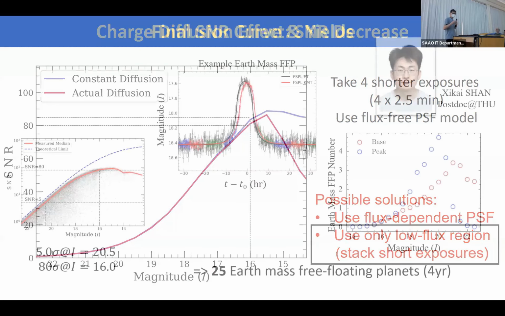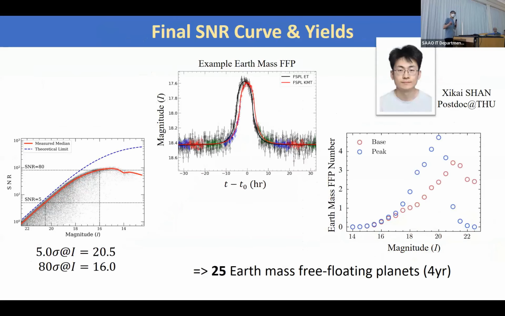So this is basically where we end up now. We have 5 sigma at 25.5 magnitude and 80 sigma at bright stars. Then CKI will simulate cycles based on this noise curve to estimate how many threshold planets we will detect and also measure their mass.